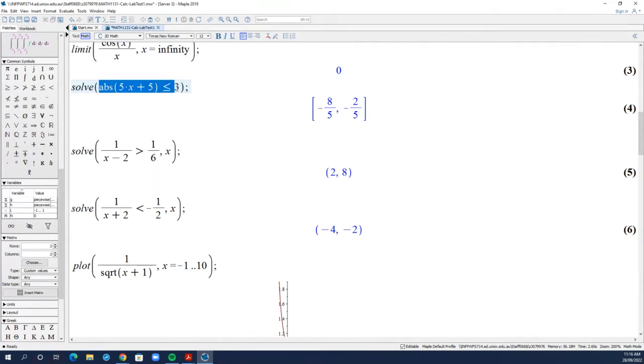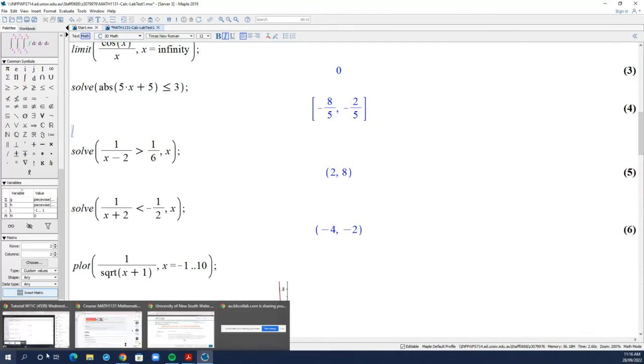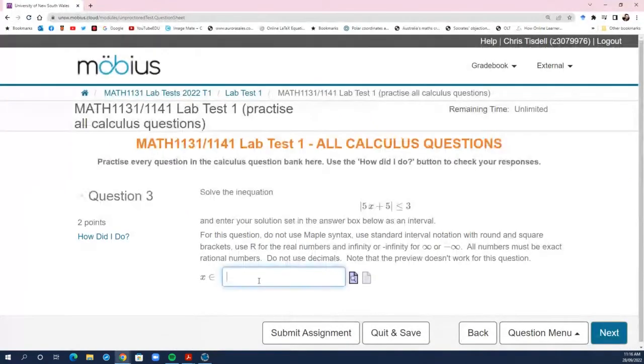I enter the expression, and I can use these. I like to use these symbols here because they're easy. And then essentially I just press return, right? So I get this interval here. So what I would do is enter that into my box. So what is it? Let me just write that down. It's -8 on 5 to -2 on 5. Okay, so you just have to be careful with the syntax.